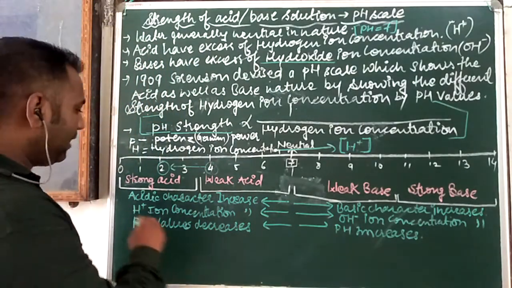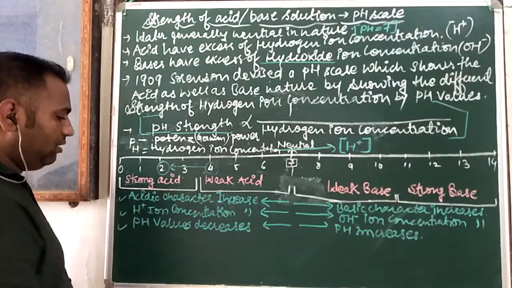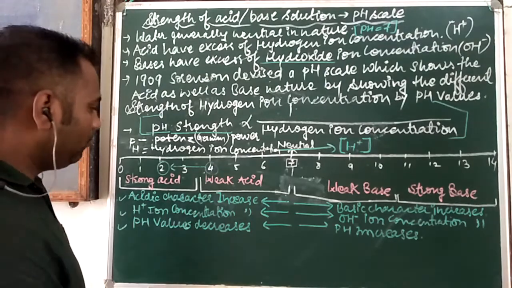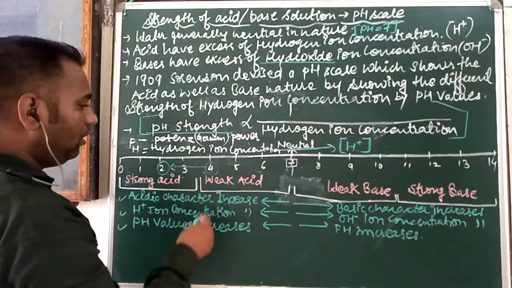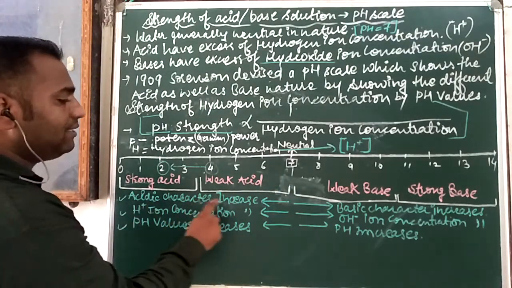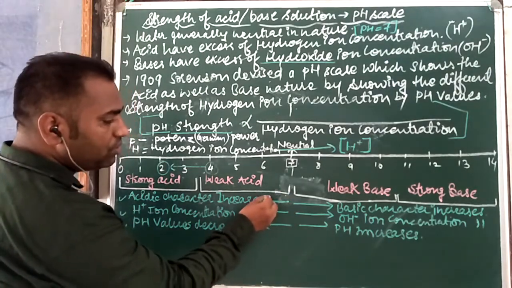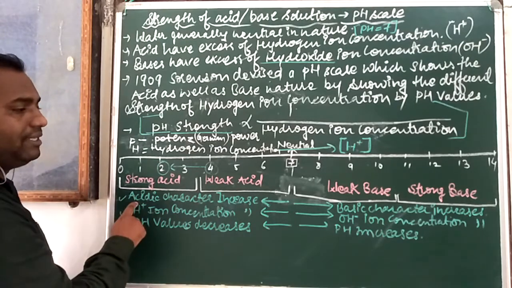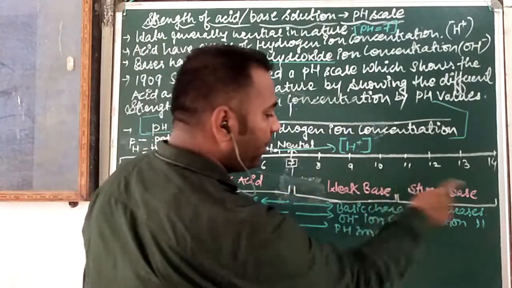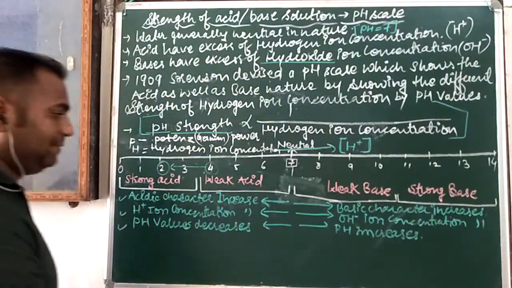So what criteria am I using to write about that? Look here. When I go from 7 to 0, acidic character increases. When I go from 7 to 14, basic character increases.